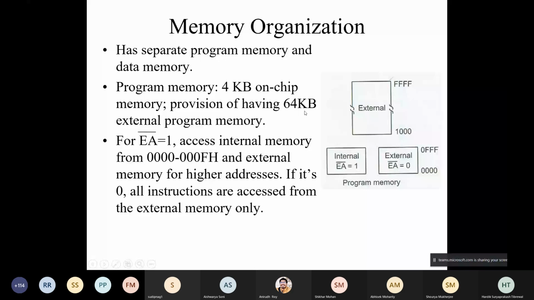If you deduct 4 kilobytes, the remaining 60 kilobytes of program memory should stay outside your physical chip, something like the other diagram that I showed.